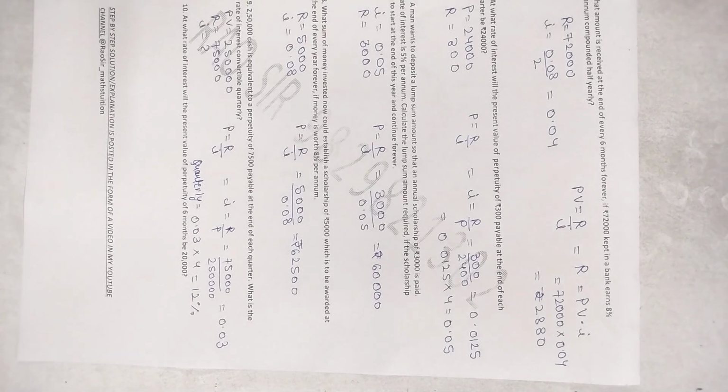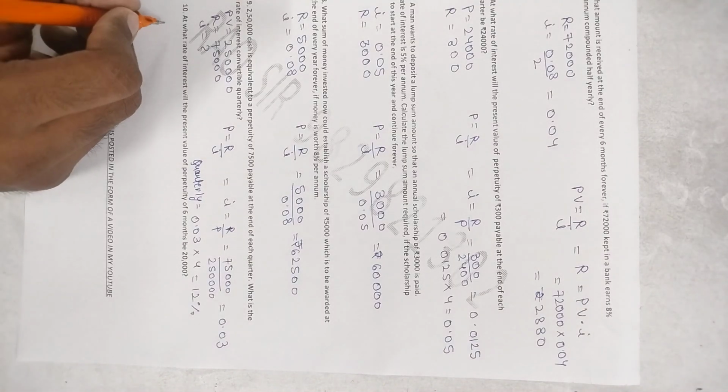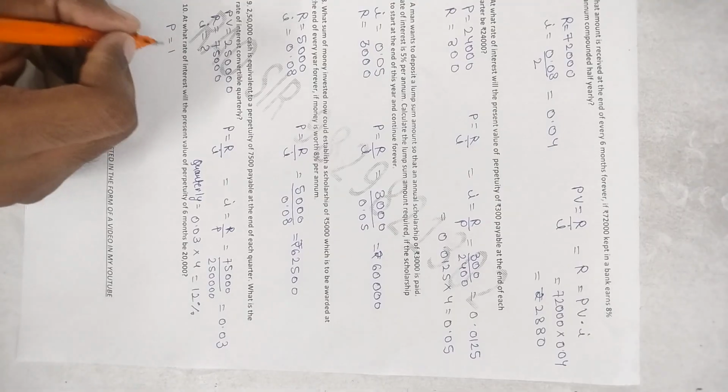And the last question is, at what rate of interest will the present value of a perpetuity of every 6 months be 20,000? Here also we have to find out the rate of interest, with the same formula.